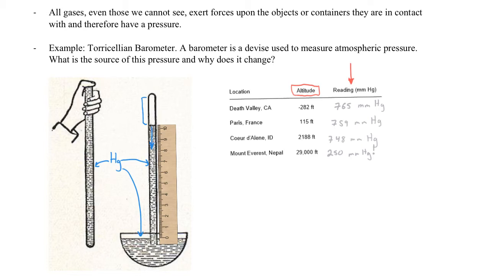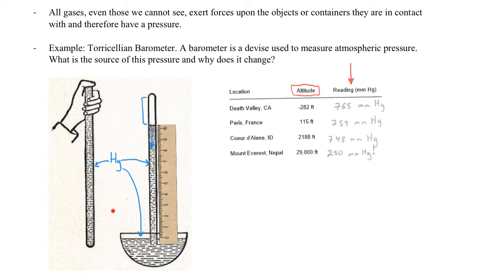Well, it turns out it's the pressure of the air, the gas molecules in the air that are in the atmosphere all around it. And they're impacting with the surface of this pool of mercury, literally colliding with that mercury pool. And when they make those collisions, they're actually exerting a force on that pool of mercury, causing that column to stay suspended rather than falling out and spilling out the outside of the pool.